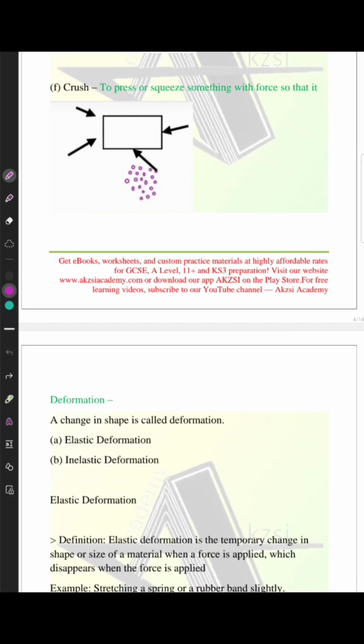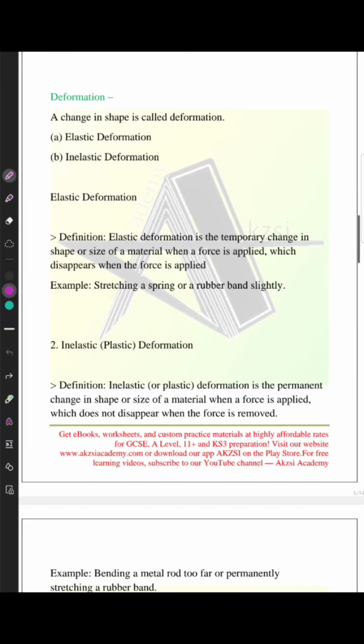Brittle materials are those materials that, when you apply force, will not show any extended elongation or deformation. They just break very easily, get crushed very easily. So this is known as crushing, the application of force results in crushing something. So these are all the outcomes of forces.